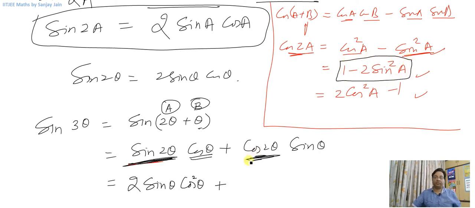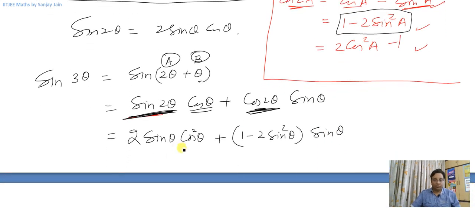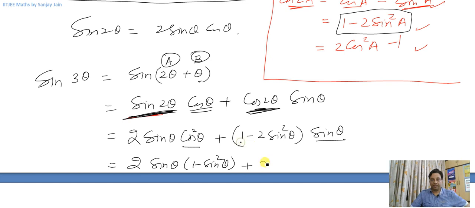So 1 minus 2 sine square theta, and then there is sine theta here. Now this cos square theta can be written as 1 minus sine square theta, so let me write 2 sine theta times 1 minus sine square theta, and then there is this plus sign here. Let me simplify it further and write it as 2 sine theta minus 2 sine cubed theta.